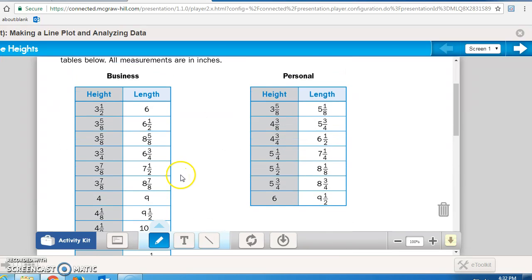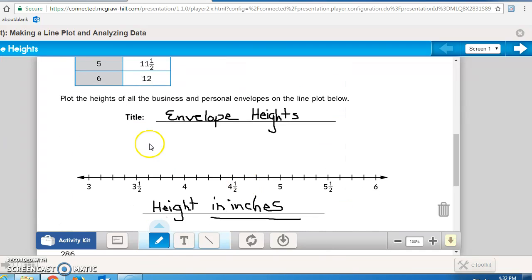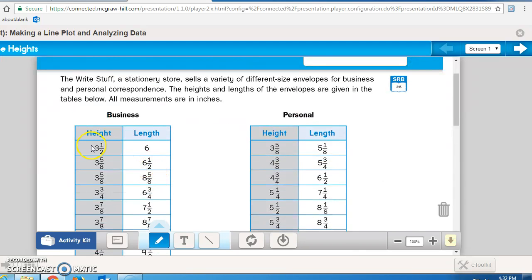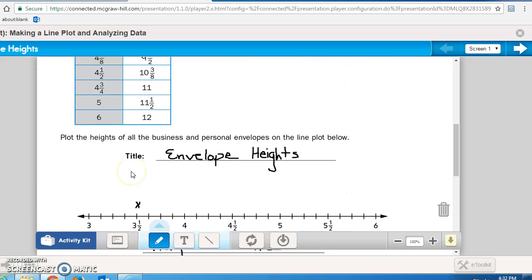So as I go up here and I look, I have one 3.5. I look down the column for business. That's it. So above 3.5, I'm just going to make one X to represent that I marked it. And then I'm going to make sure that I cross that up above off too. I don't want to write it down twice. So you need to do that for each one of these.